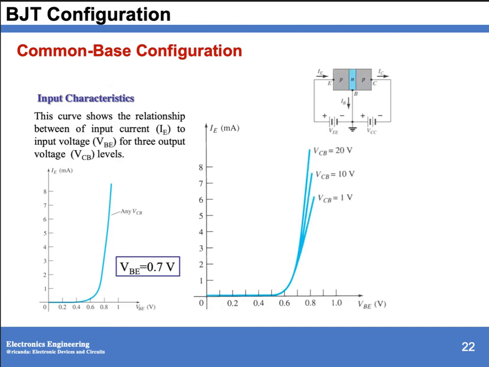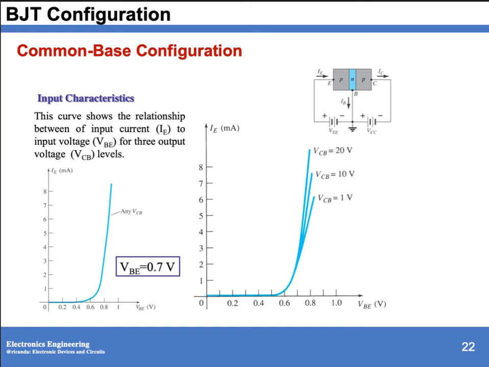So these are the characteristics of your common base configuration. This gives you the relationship between the input current IE and the input voltage, which is your voltage base emitter VBE, for three output voltage VCB levels. If your VCB increases from 1 to 20, your input voltage VBE is the same.